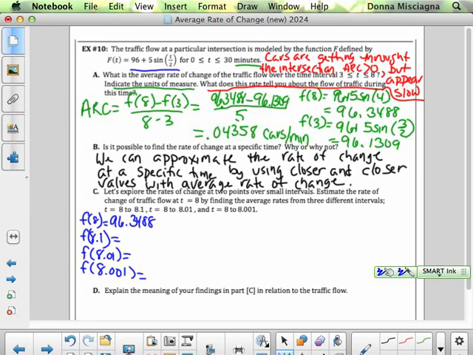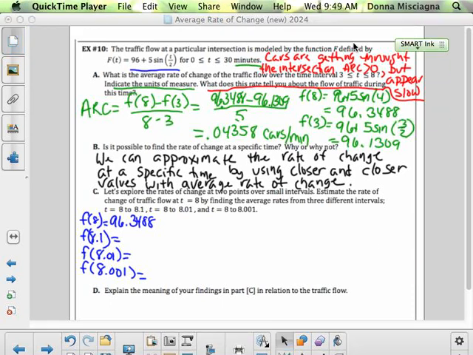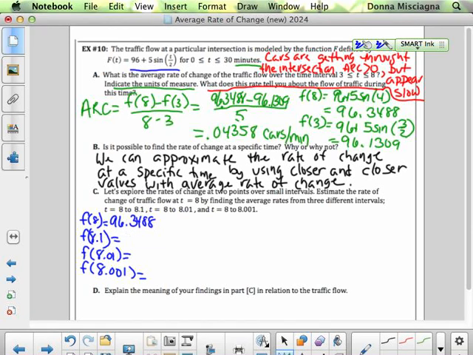What did you get for f of 8.1? It would be 96 plus 5 sine 8.1 divided by 2. 96.353.